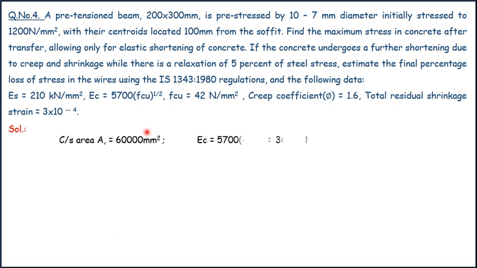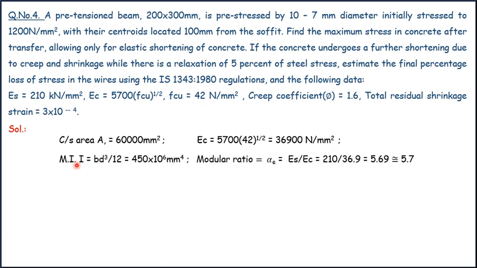Solution, let us start. Cross-sectional area A is equal to 60,000 mm square. Ec is equal to 5700 raised to half, that is square root of 42, which comes out to be 36.9 kilonewton. I have written it as 36,900 Newton per mm square. Now moment of inertia I is equal to BD cube by 12.